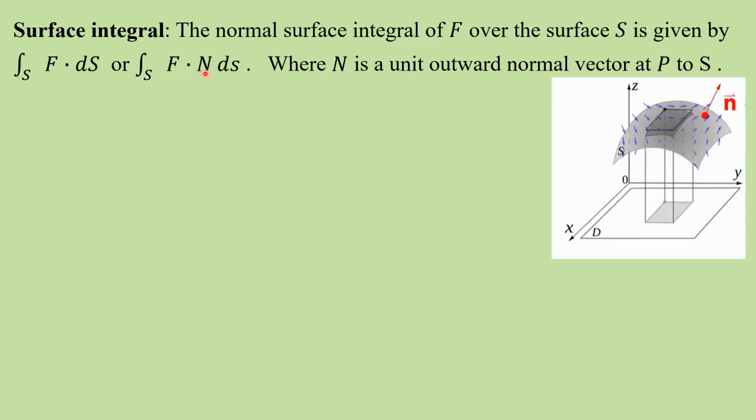Correct? So if a surface is given and a vector point function or vector field is applied over it, what is n? n is nothing but the unit outward normal vector.